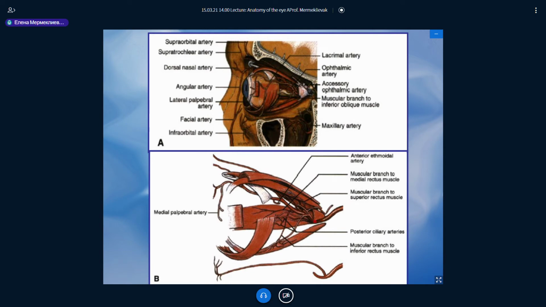Five of them here connect and form the annulus of Zinn. Only the inferior oblique muscle is not from this part, from the annulus of Zinn.